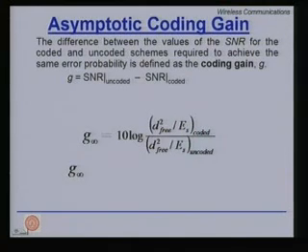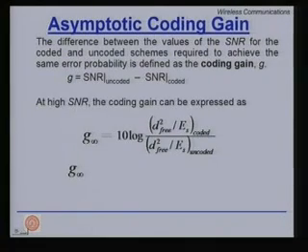So, how much will I have to increase my signal to noise ratio in dB to achieve the same bit error rate if I have no coding? So, uncoded clearly will require a larger SNR, with coding you require a smaller SNR. So, you can trade off SNR for bandwidth, but here in TCM we have not even asked for extra bandwidth.